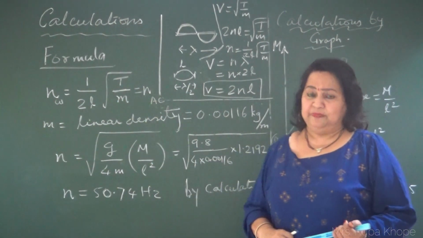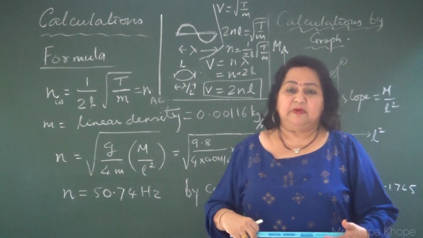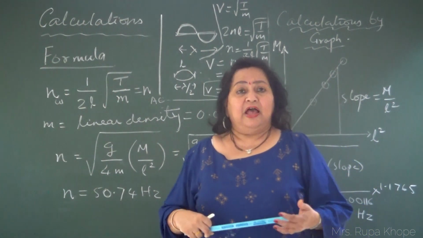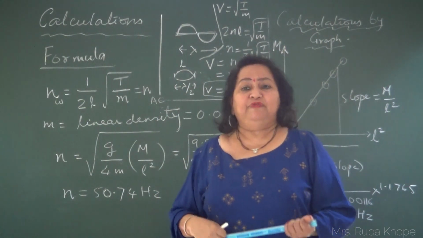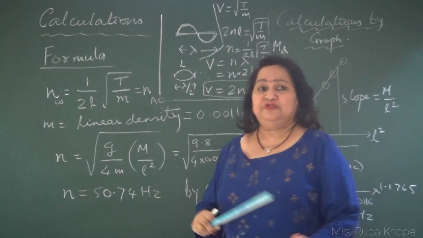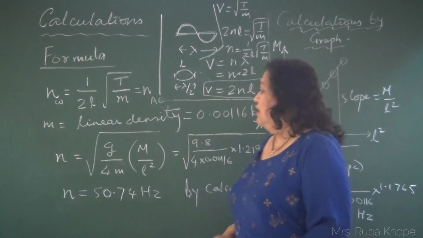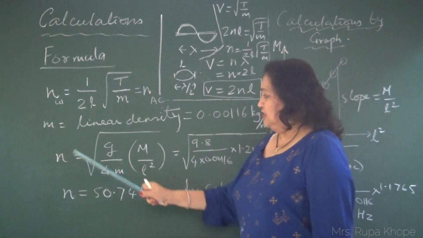This relationship is used in all musical instruments, string instruments, and in my next video we will discuss in detail how this concept is used in our practical life in musical instruments. Now we will start with the calculations.